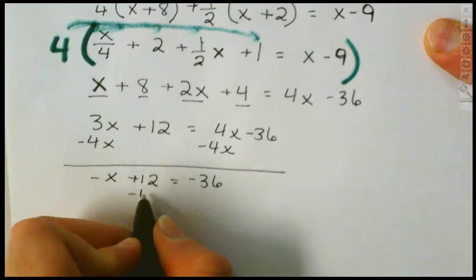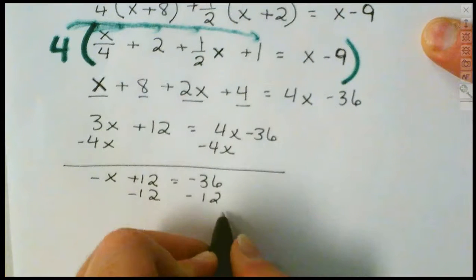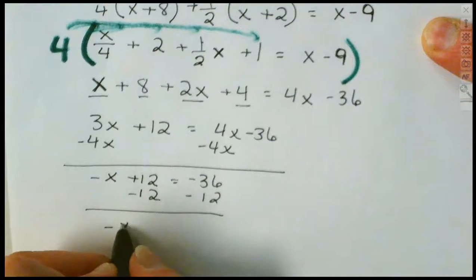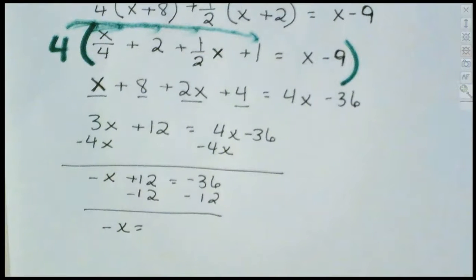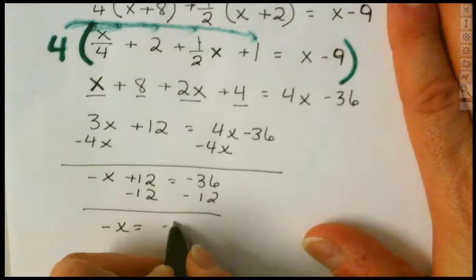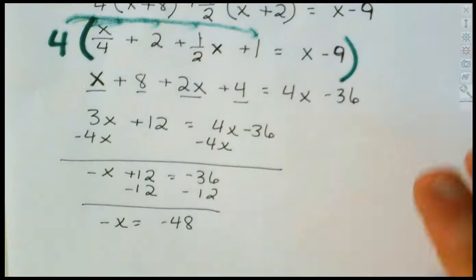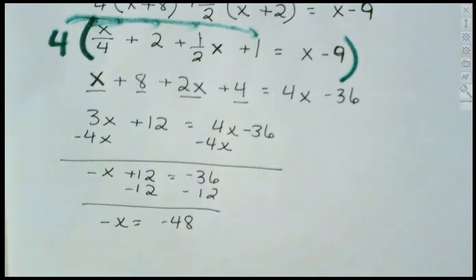We'll move the 12 over with subtraction. Now we've got negative x equals, what, negative 48, I believe. Those will be added together. Yep, negative 48. This is a commonly made mistake. A lot of times students are going to say, well, the answer is negative 48.